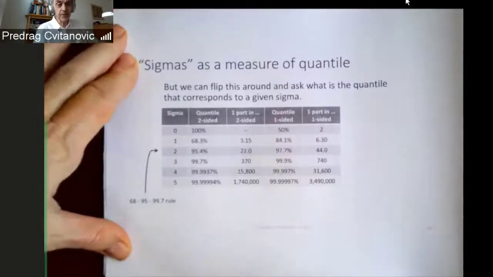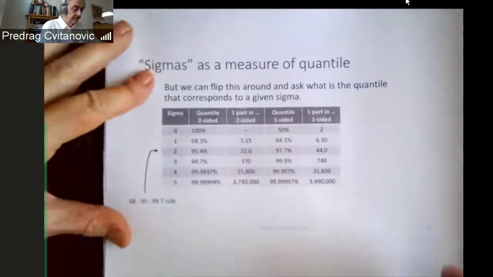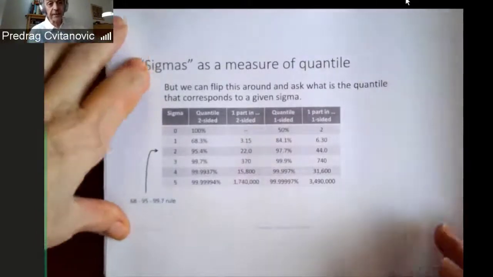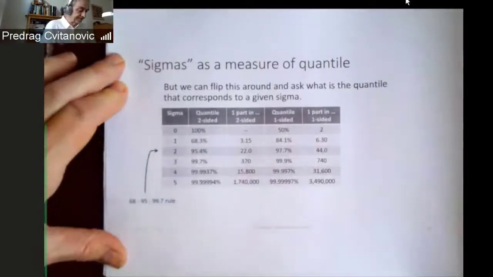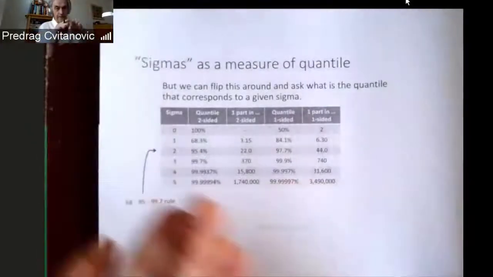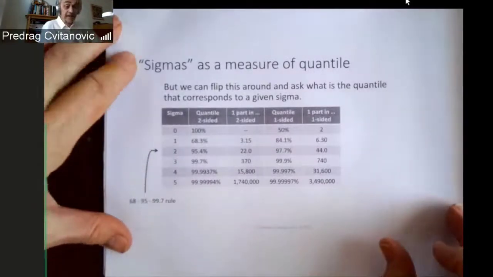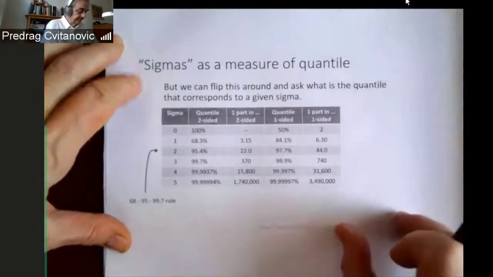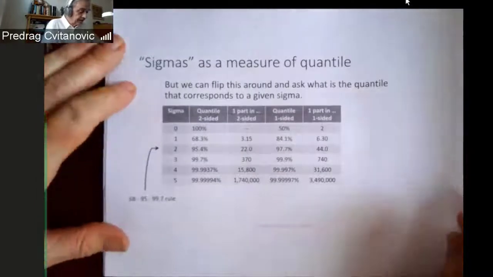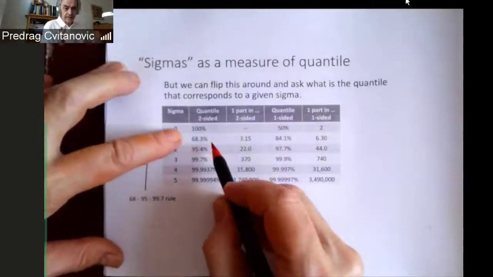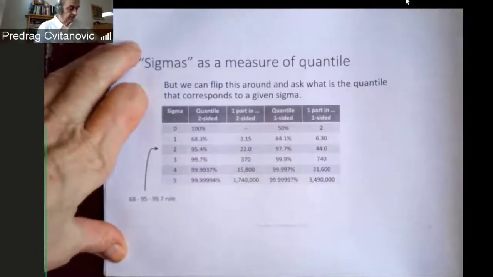You can ask yourself, what quantile, what likelihood that something has happened, corresponds to a given sigma, because sigma is what you can estimate from frequentist measurements. If you look at sigma that's 1, on a normal distribution, this is a standard deviation, which is 1, or 2 across the whole normal distribution, if it's two-sided, so you cut both tails of the Gaussian, that will capture about 70% of events.